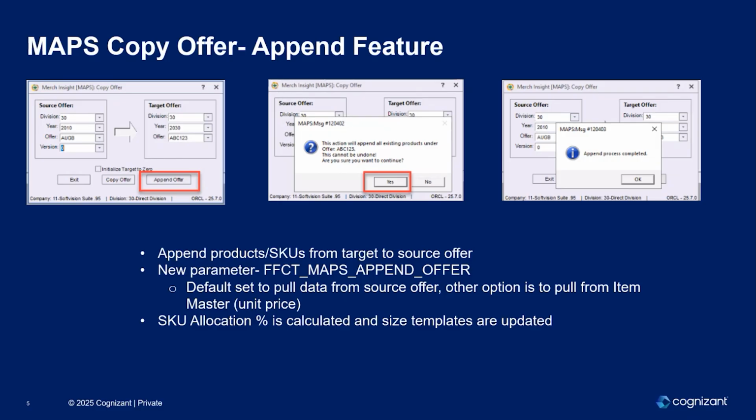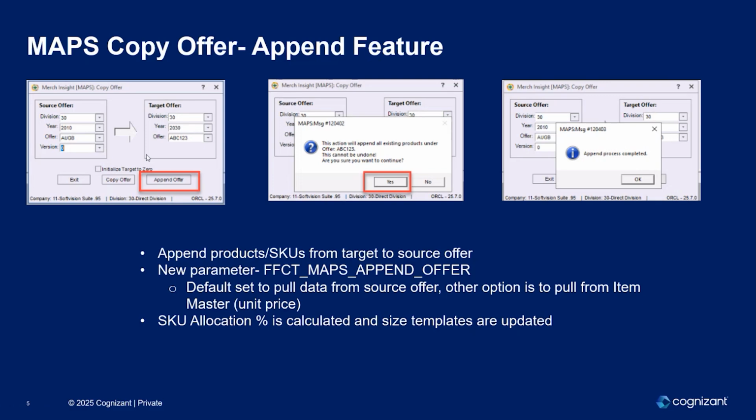So our first enhancement that we're going to show you is in the Maps module. And if you're familiar with the copy offer function as it exists today and use it, how it works is you have a source offer and a target offer.